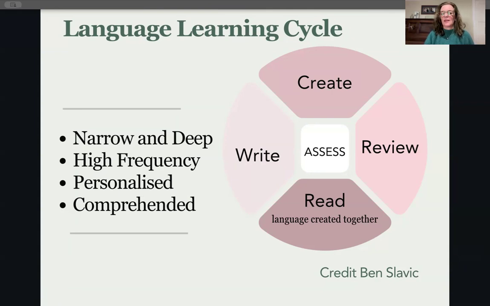It is a little bit of a scaffold for our weekly lessons for the Action Research Literacy Project. Basically we start with creating language with the students, and then reviewing. We read that language together, the language that's co-created with the students, and then we write.